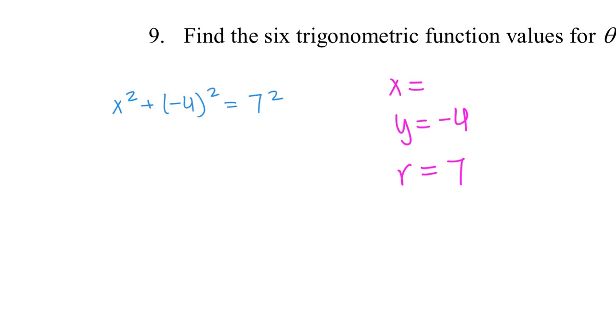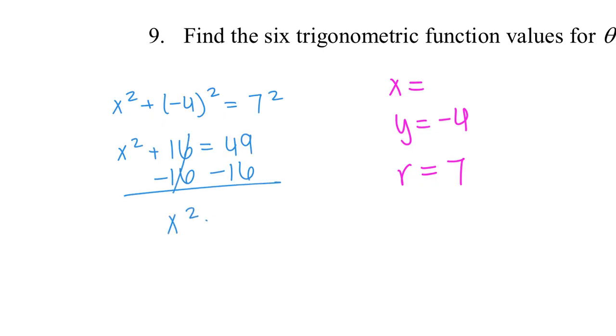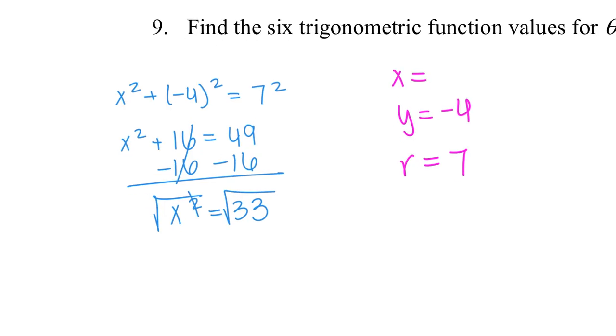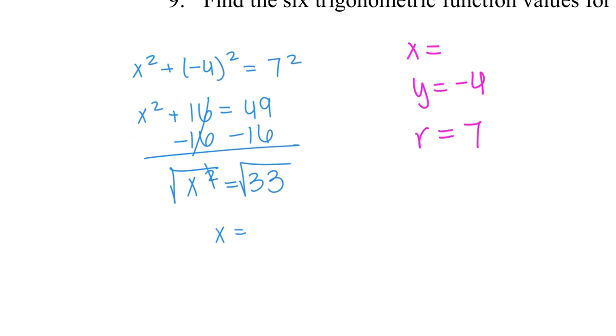Solving, x squared plus 16 equals 49. Subtract 16 from both sides of my equal sign, and I'm going to get x squared equals 33. Getting rid of that squared, I'm going to square root it, so x equals the square root of 33.